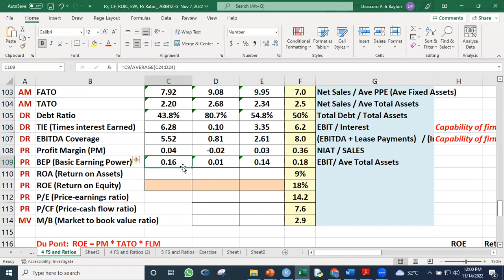All right. So for every 1 peso of total asset invested in by the company, it was able to generate an operating profit of 16 centavos. Or if I want to express this in terms of pesos, for every 100 pesos invested in assets, the company was able to generate 16 pesos of operating profit or operating margin, which is your EBIT.